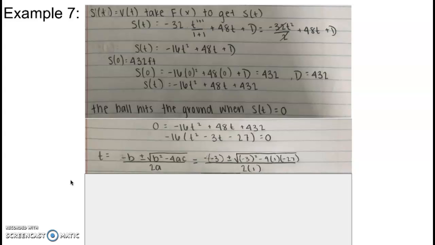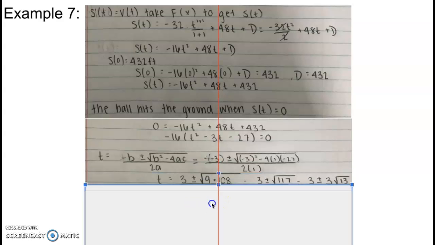which is t equals, I say, opposite of b, or negative b, plus or minus the square root of b squared minus 4ac, all over 2a. And when we plug in our factors, we get negative of negative 3 plus or minus the square root of negative 3 squared minus 4 times 1 times negative 27, all over 2 times 1.